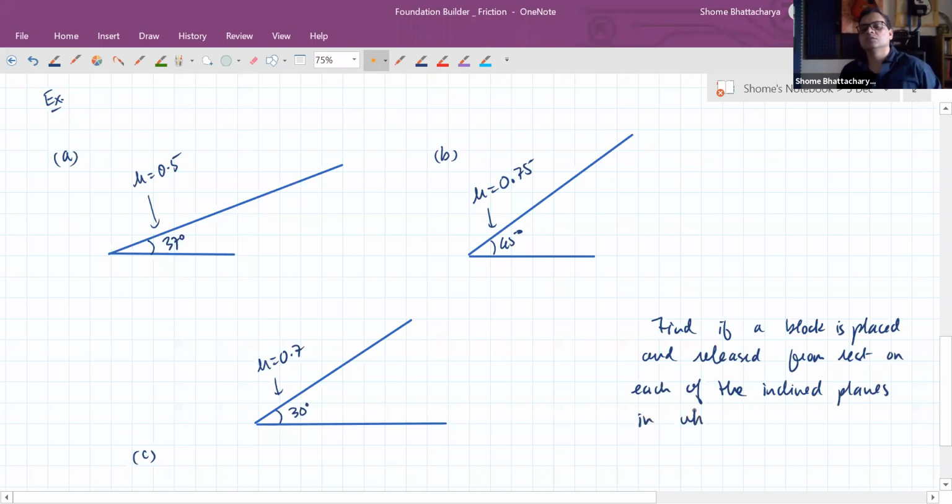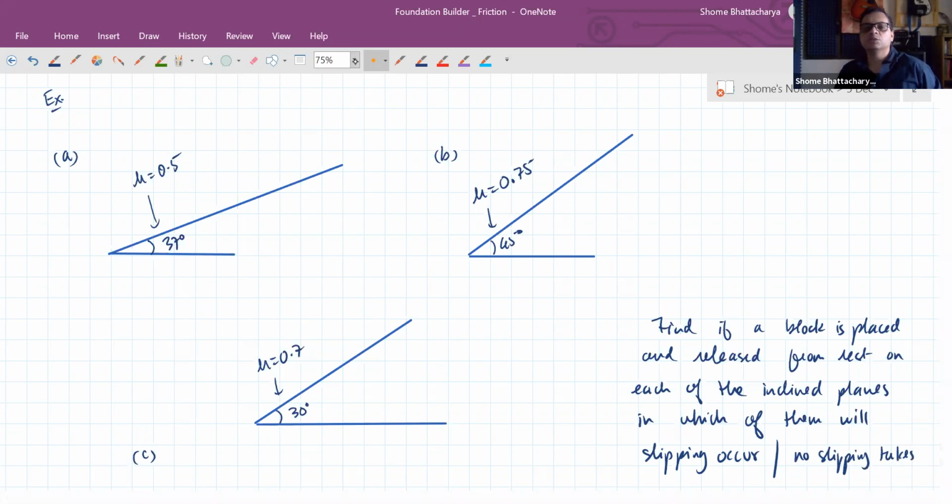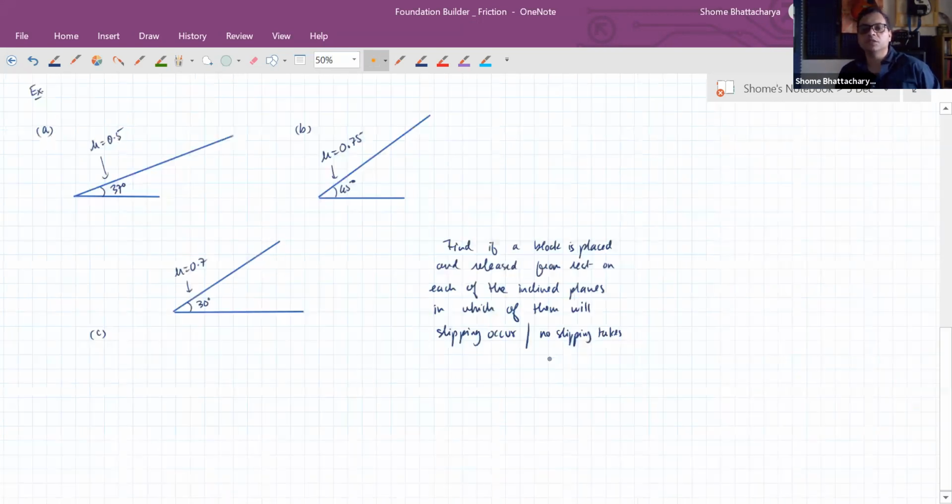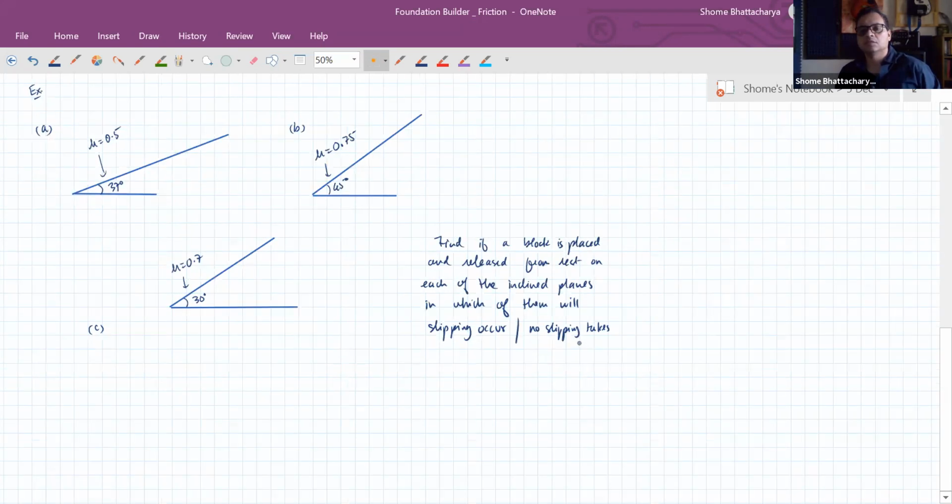In which of them will slipping occur? Okay. Or no slipping takes place? In which of them does the block not slip, or in which case does the block slip? This is what we have to do over here.